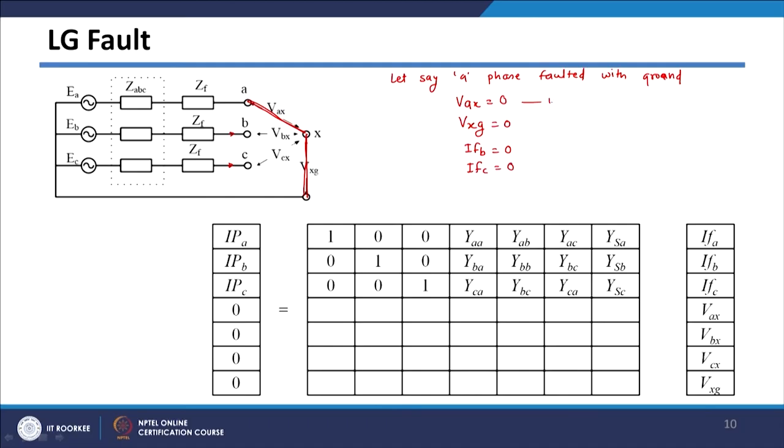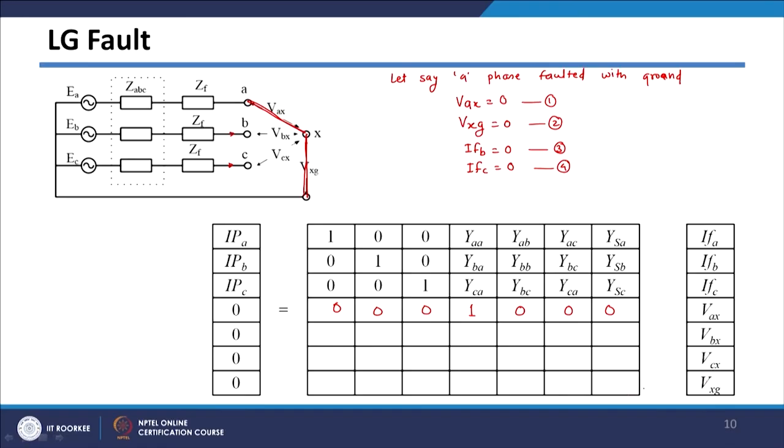So now we have got these 4 required equations which need to be added in this earlier system of equations, where we have got 3 equations, and these 4 more equations can be put here. So the first equation, if I put it here, corresponds to VAX is equal to 0. So VAX will come somewhere here, this will be 1, other elements will be 0, this makes VAX equal to 0.